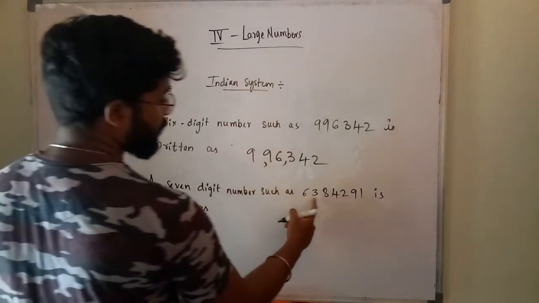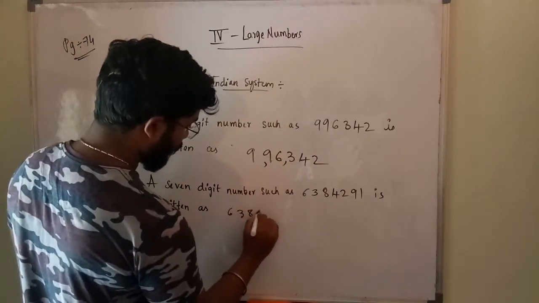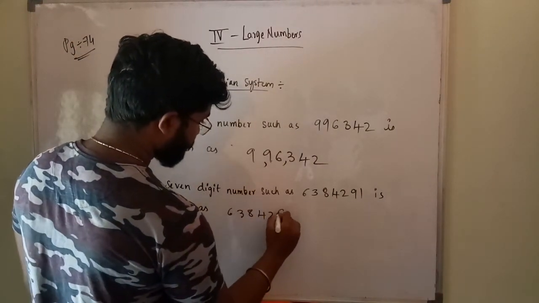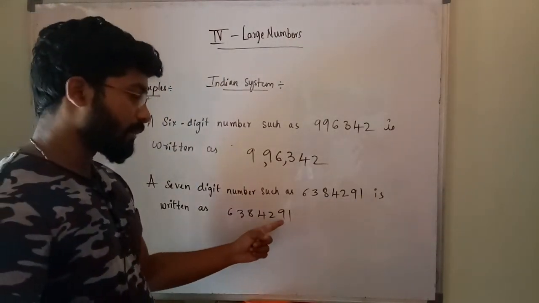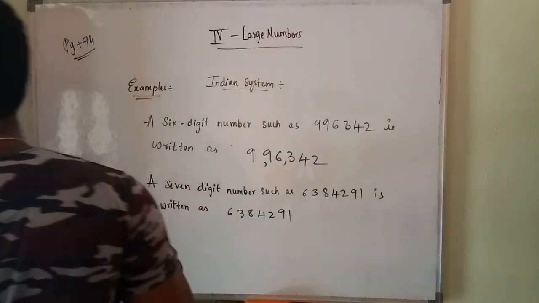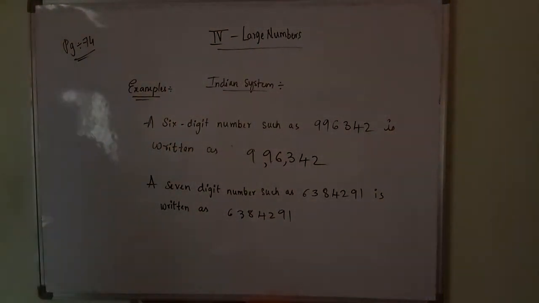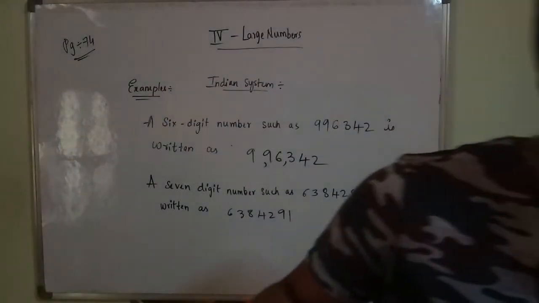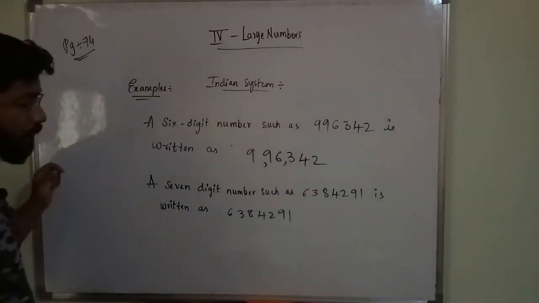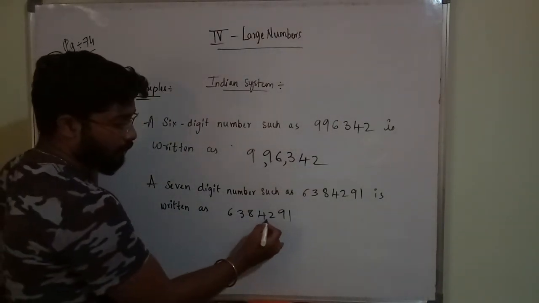6384291. How can you separate this? Starting from right to left, after 3 digits you put one comma.